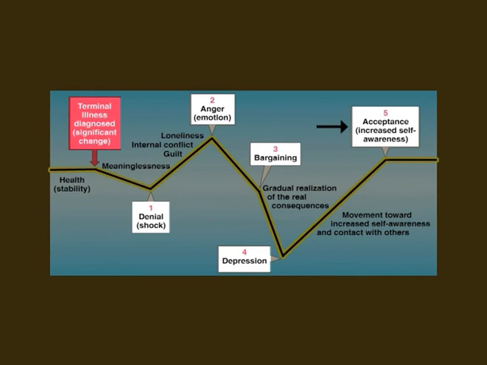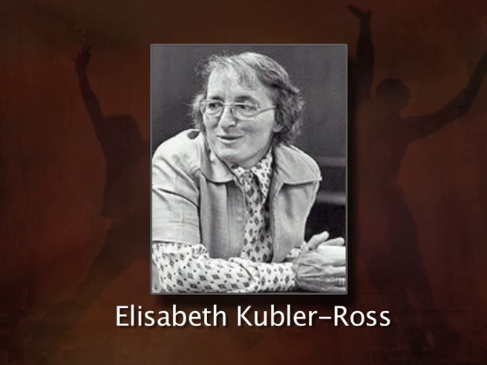They also try to help others in all possible ways, because these are the last few remaining days, and they try to make the most of them. When patients come to the final state of acceptance, it also means that they are approaching death fast. So, Ross's theory has been very influential.